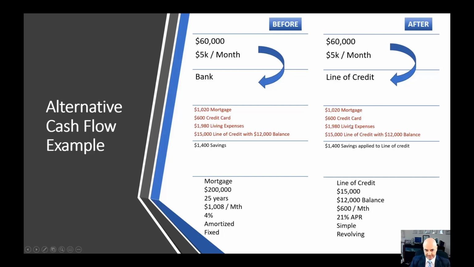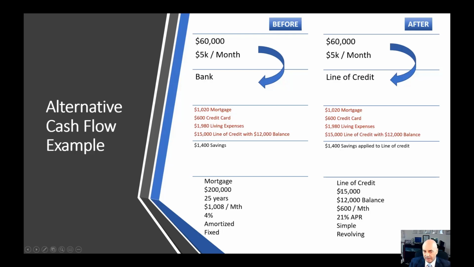It's already automatically taken care of, because you're not paying 600, you're actually contributing 5,000. And then from that 5,000, you pay your 1,000 mortgage and your 1,980 or £2,000 living expenses. And that again would leave you with the 1,400 plus the 600, because you've already knocked that off the list. Okay, does that make sense?